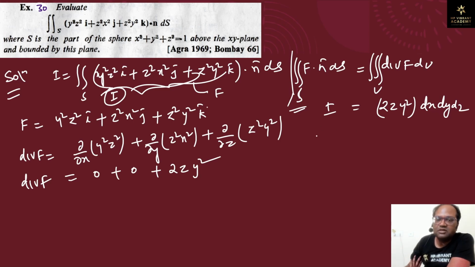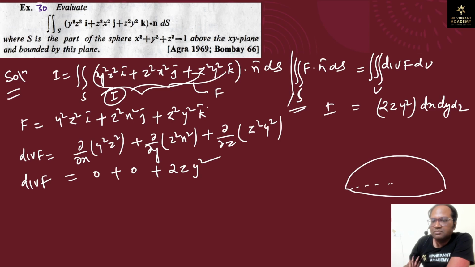So let us use a spherical coordinate system here. We have the sphere that is lying above the xy plane. This is our axis: this is x, this is y and this is z. The surface area of this sphere will constitute this curved surface plus this bottommost planar surface. So this whole surface area S is the curved plus planar surface area.